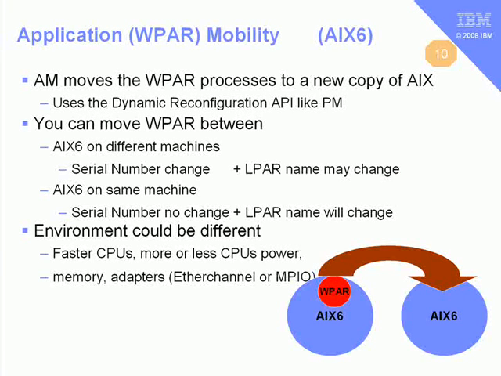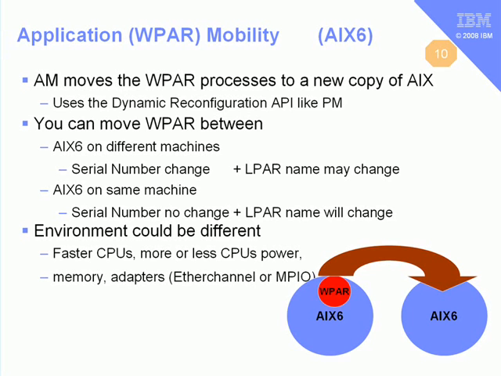With our workload partitions we have application mobility, where we can move a WPAR from one copy of AIX to another copy of AIX, either in the same machine or a different machine. And again, because we do the dynamic reconfiguration API, we get the same information captured as we do in these sorts of operations, but in this case the serial number may not change because you could be jumping between two copies of AIX running on the same machine.